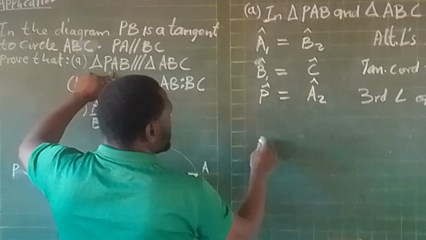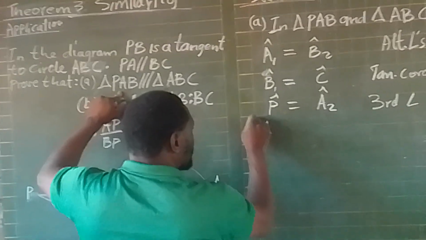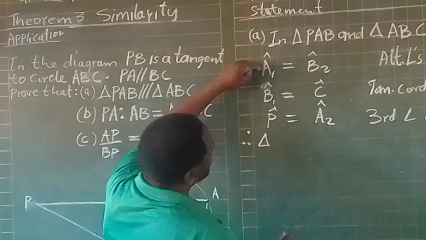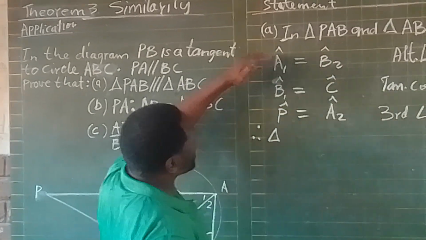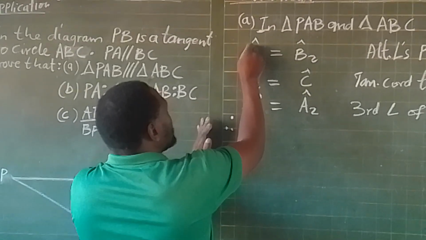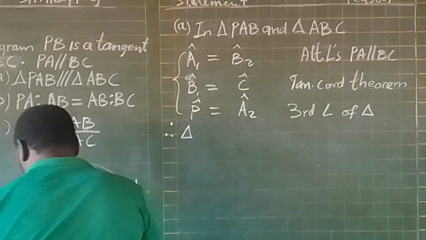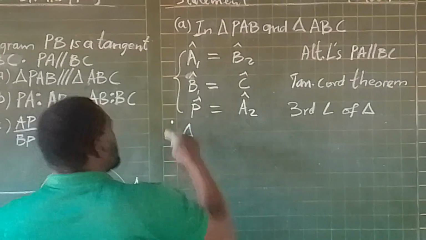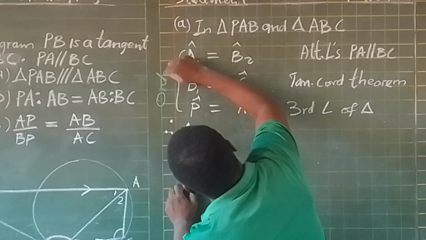Therefore, triangle, you don't take BAP now, you take ABP because you follow the order. Do not forget, this is going to help you in the exam. You must make sure that you call this order.